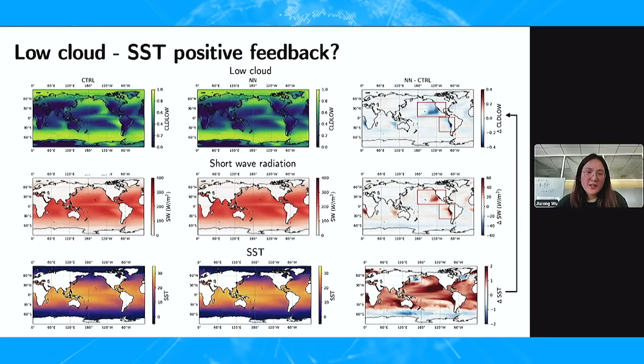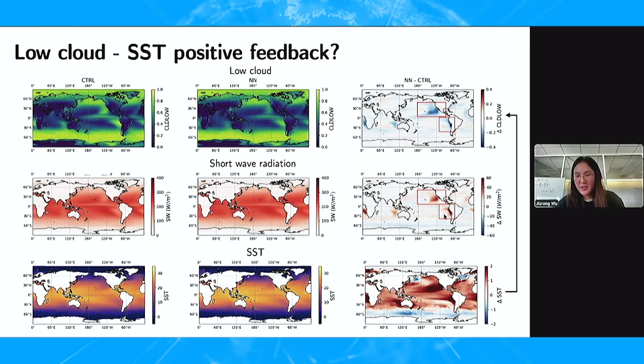I haven't shown any response in the atmosphere, but there definitely is. For example, here we're plotting the low cloud coverage, and we see that in the Eastern Pacific, which is usually a hotspot for low stratocumulus clouds, there is a reduction of clouds, and this can be seen in the shortwave radiation.